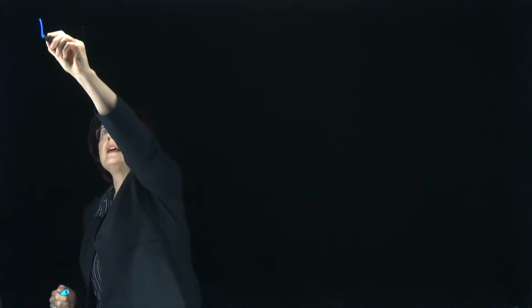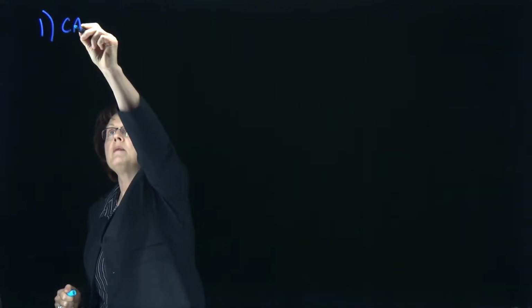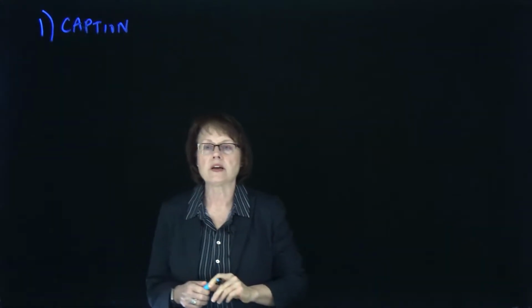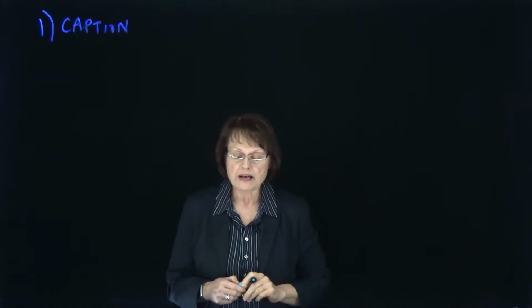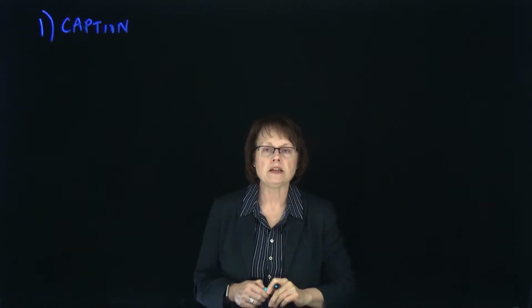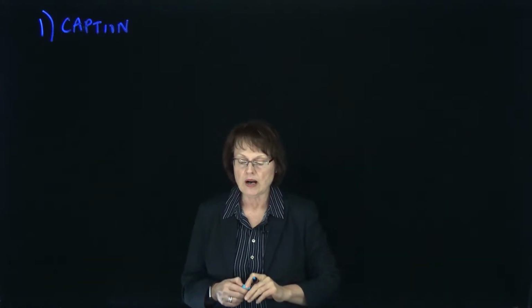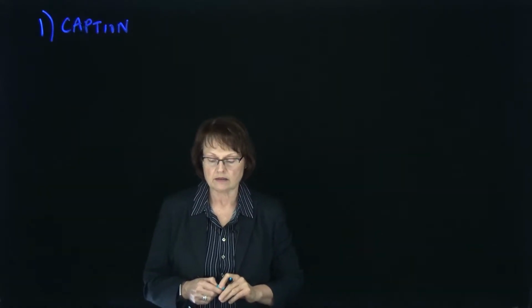Let's begin by thinking about what you will call this contract. And so the first thing I would ask you to do is come up with a caption for the contract. Might you call it a release of liability, a complete release of liability? It's up to you how to caption the contract.